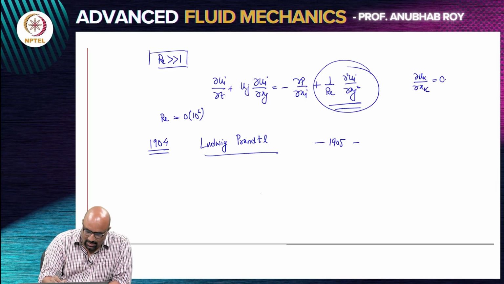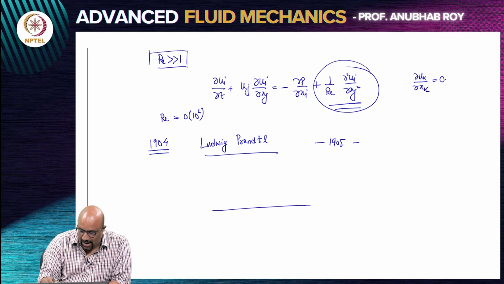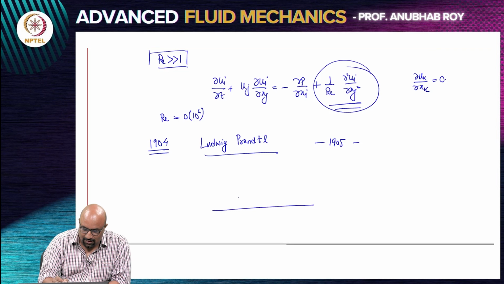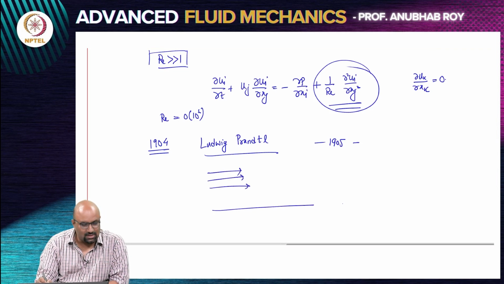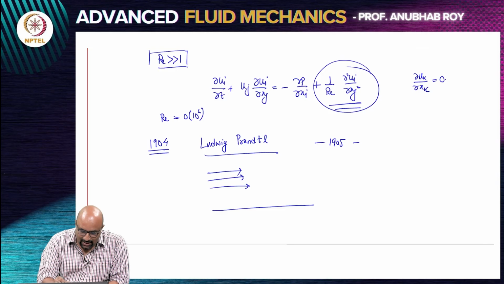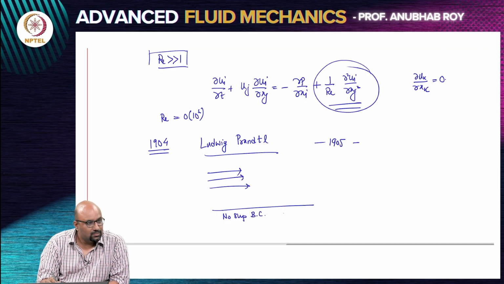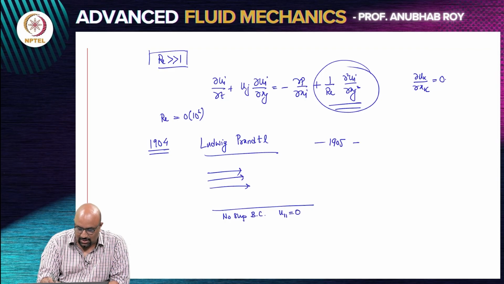So, Prandtl's viewpoint was the following: you have a surface, there is a flow going past this surface, and you have found that the Reynolds number for this flow is very large. But at the surface, you have a no slip boundary condition, which means that your tangential velocity at the surface should be 0.